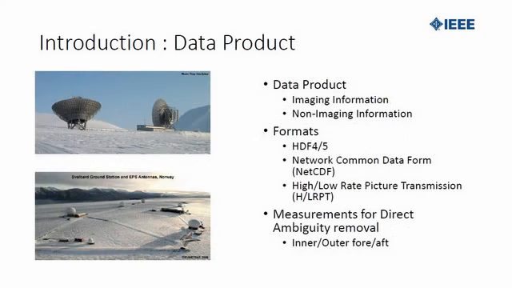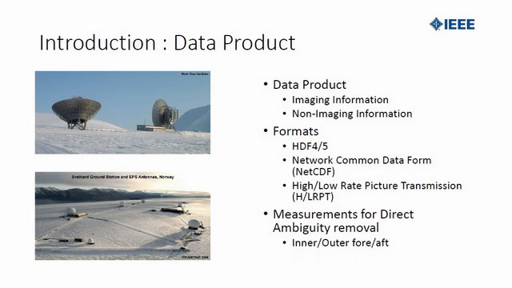Introduction to data product. Now what is a data product? Imaging information and non-imaging information, if grouped together in a certain data format like HDF4, NetCDF, and HDF or LRPT, that is low rate picture transmission format, then it becomes a data product which is used generally to pack the remotely sensed data.